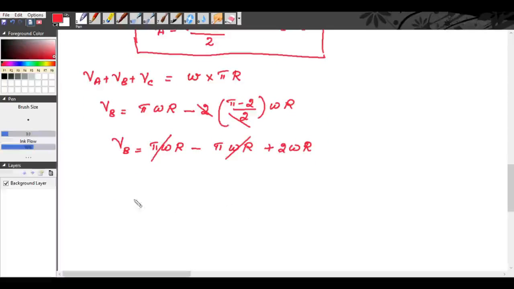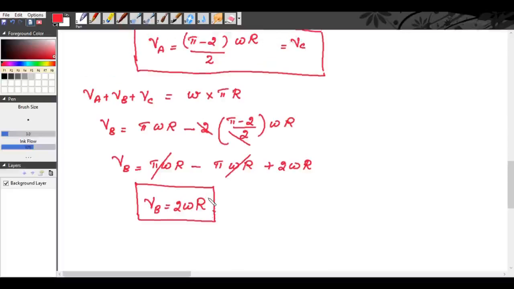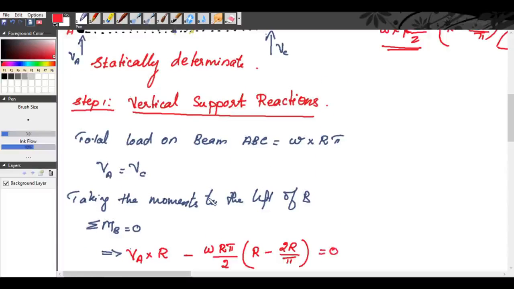So cancelling these both, we get VB is equal to 2WR. Okay, so our vertical reaction is over. So the first step is over. Step 1, vertical support reactions. We have determined the vertical support reactions.